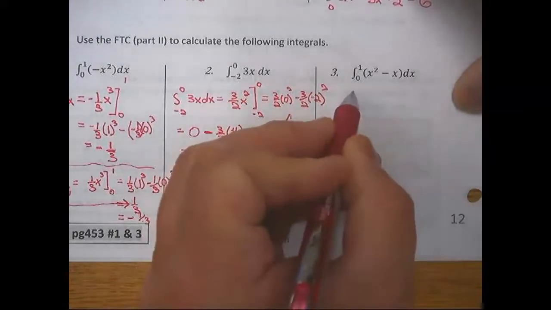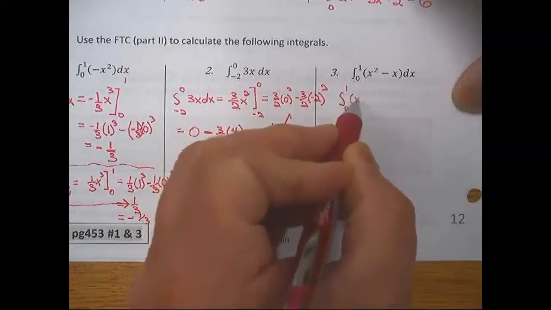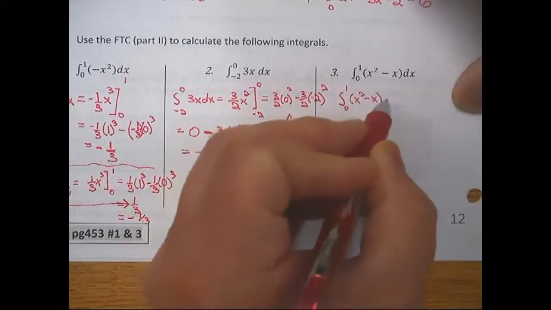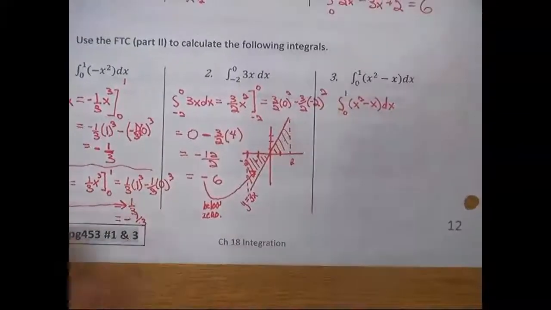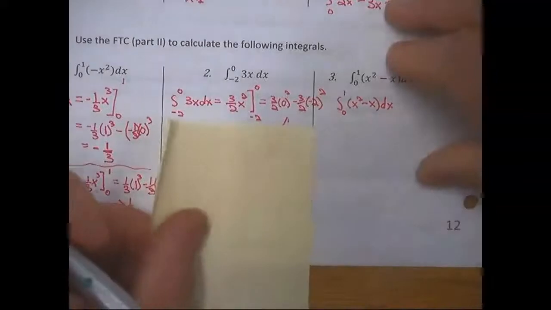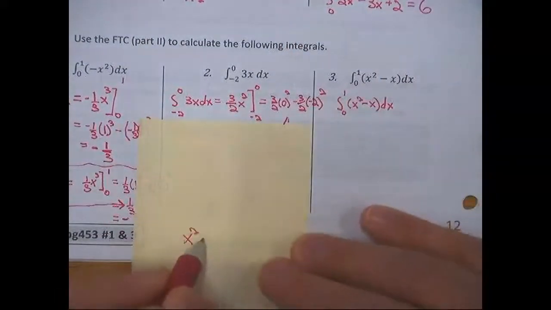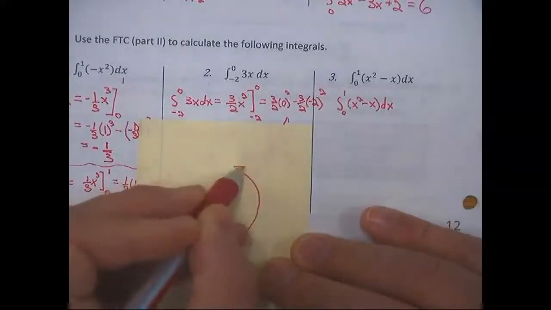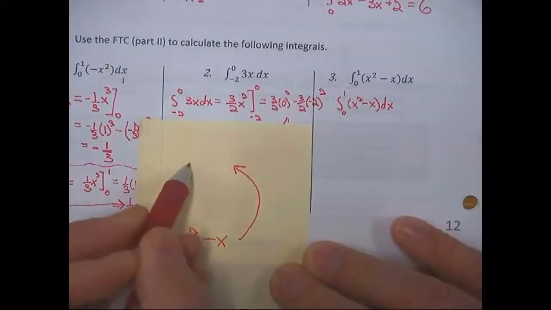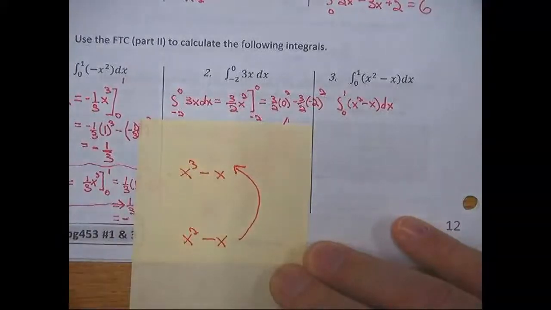Let's go ahead and do the next one here. Okay, now we want to get the integral of x squared minus x. Okay, Eddie, integral of x squared minus x. The x squared would be 1/3 x cubed. Mm-hmm, yeah.